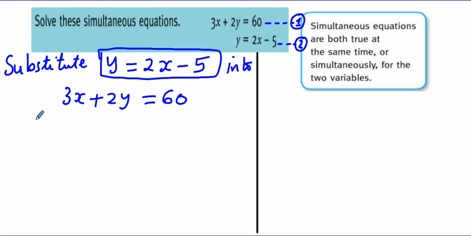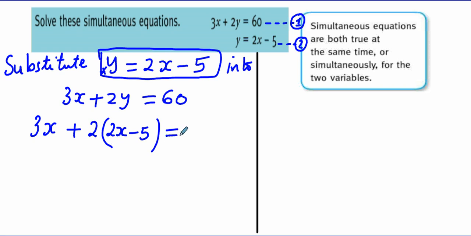So what do we do? We write 3x plus 2y. Now in place of y, we keep brackets and then we write 2x minus 5, because this is the value of y. So we write 3x plus 2, open brackets, 2x minus 5.